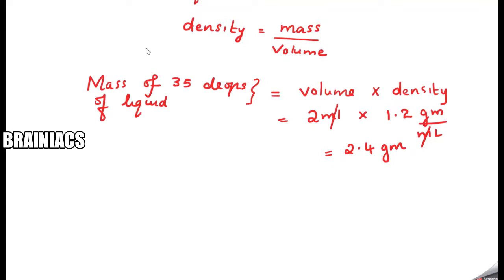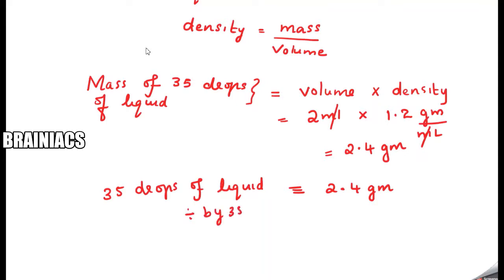Now we can write it like this: 35 drops of liquid has a mass of 2.4 gram. Now for one drop of liquid, how can we get it? Divide by 35 on both sides.